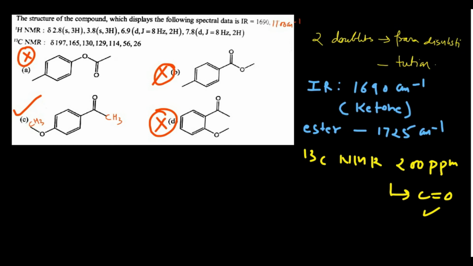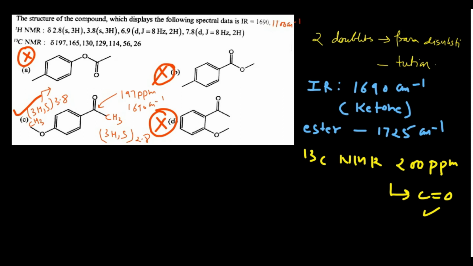So if you check the spectrum, it will give you a 3 proton singlet, and this will also give you a 3 proton singlet, but this will have the downfield shift. You can check here, singlet at 3.8, so this 3.8 corresponds to this one. You can write 3.8 here, and another singlet at 2.8 you can write here, and this is your 197 ppm in the carbon NMR spectrum, as well as your 1690 centimeter inverse for this one.